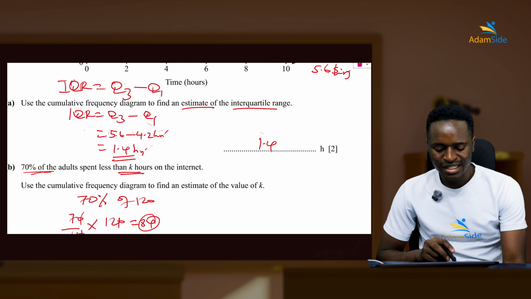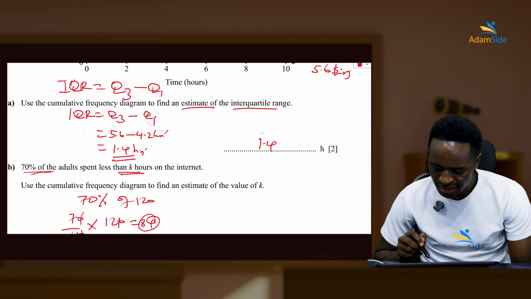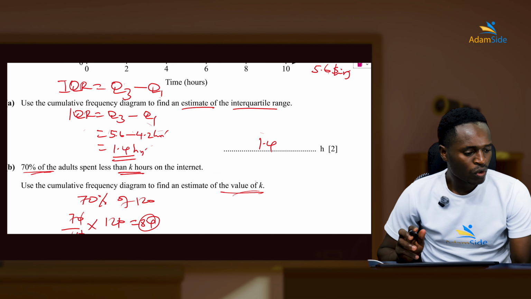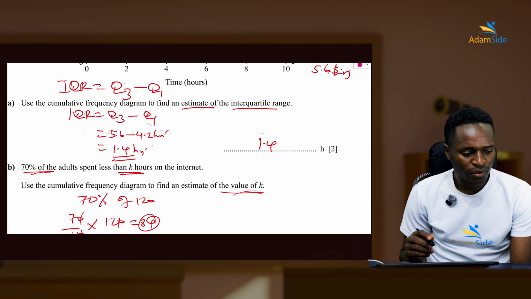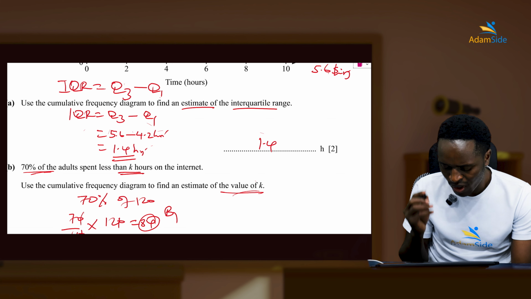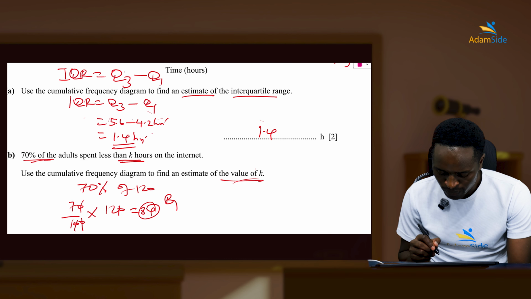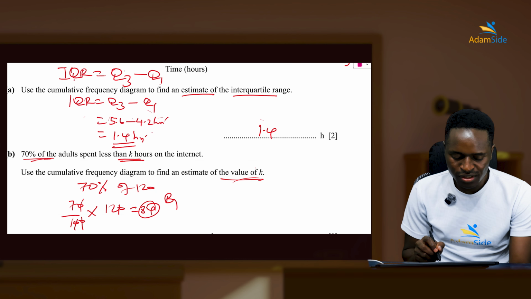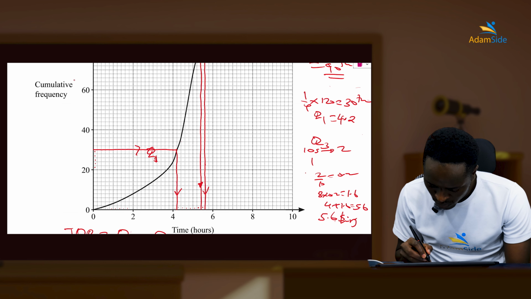We go to 84. After showing 84, because it's 2 marks, you get one bonus mark. Then we use the cumulative frequency to estimate, and we come back to around here.